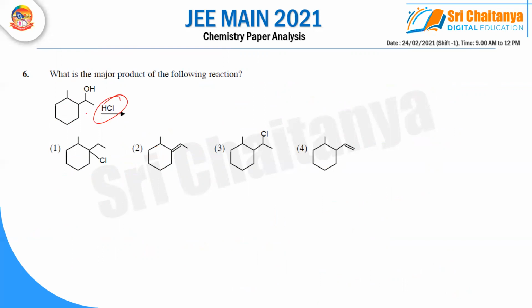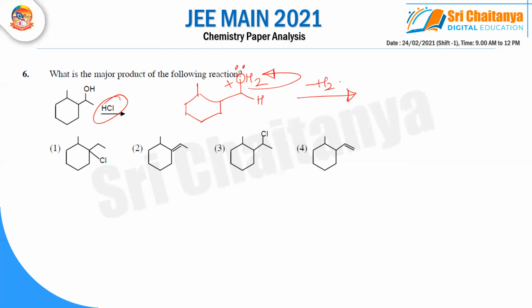So first step we will do is protonation. As a result of protonation, this oxygen will bear a formal charge of +1 and turn into a good leaving group. What do good leaving groups do? They always leave.